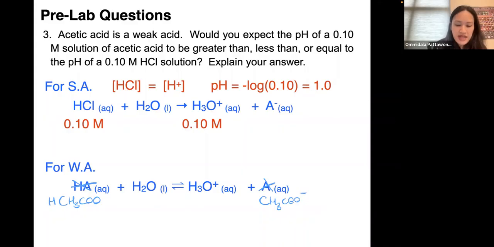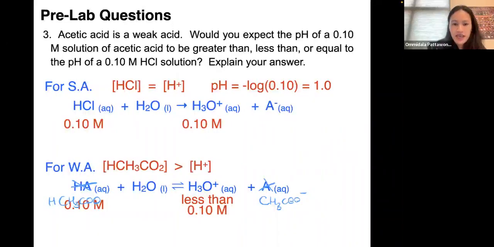So what does it mean then? Well, it means that if you have 0.1 molar of acetic acid, you are going to have less than 0.1 molar of hydronium ion because it dissociates less than 100%, right? So if you take the negative log of this concentration that is less than 0.1, you are going to get a number greater than 1.